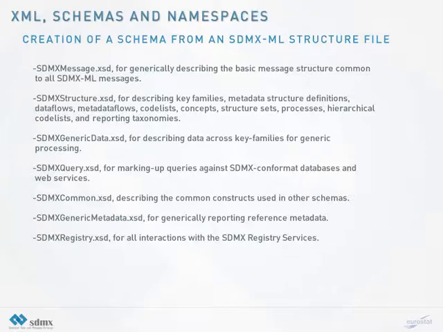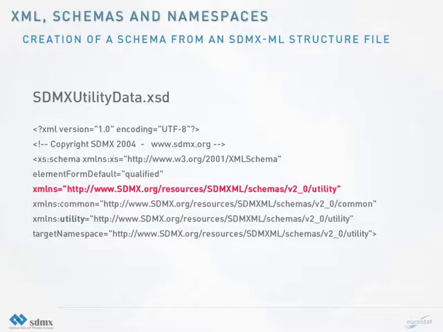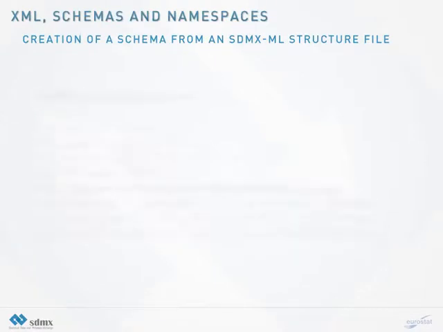Note that for all key family specific and metadata structure definition specific schemas, the namespaces must be constructed following the rules for registry URN identifiers, with the addition of a single field at the end of the URN. For utility schemas, utility, header of SDMX utility data.xsd.